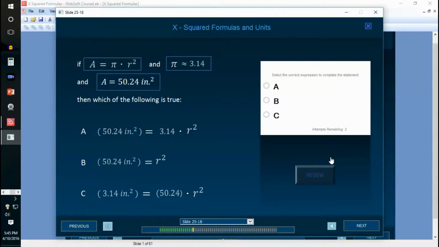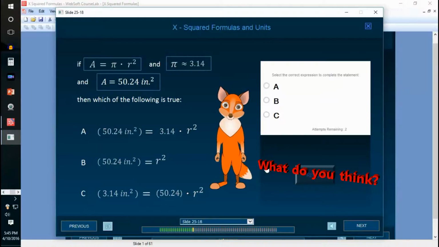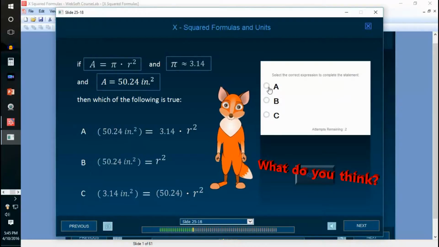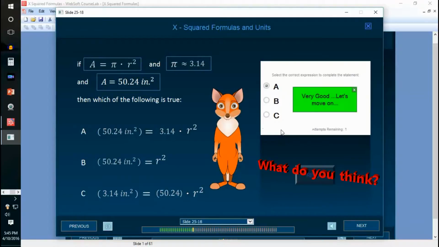If the area is equal to pi times r squared, and pi is approximately 3.14, and we know that the area is 50.24 inches squared, then which of the following is true? You were right. Answer choice A shows our correct replacements.